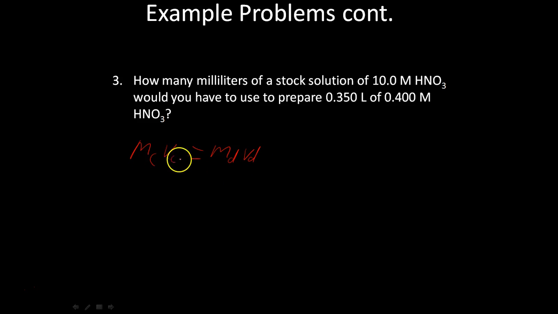Remember, MC is the molarity of the concentrated, VC the volume of the concentrated, MD the molarity of the diluted, VD the volume of the diluted. We're going to solve for the number of milliliters we'll need of our concentrated solution to make our new diluted solution. So VC equals MD VD over MC.